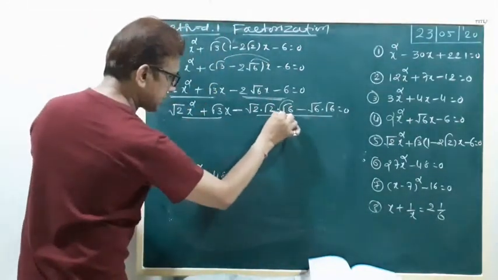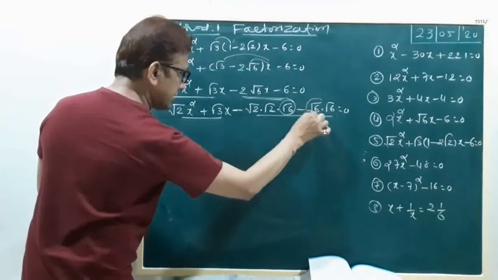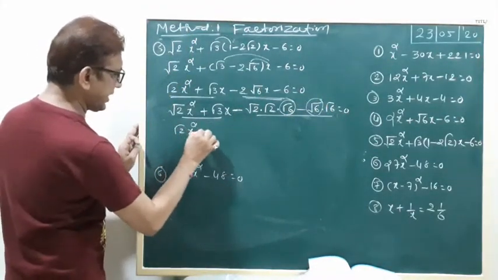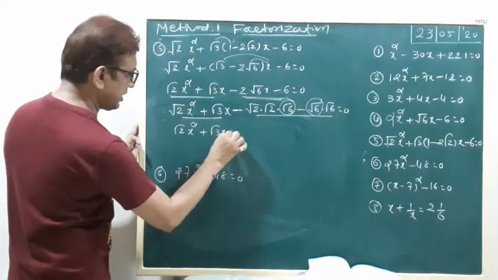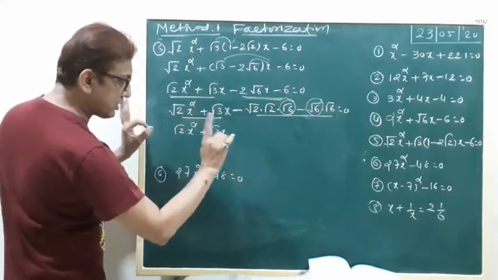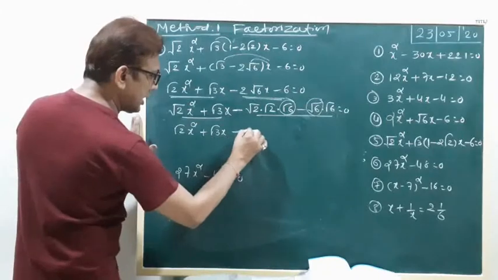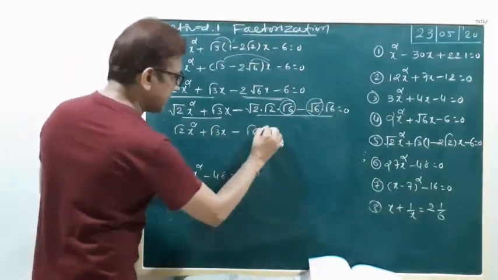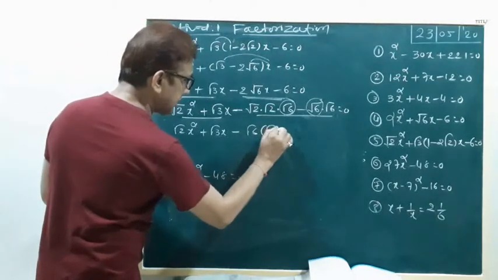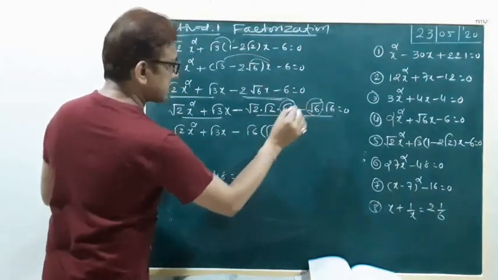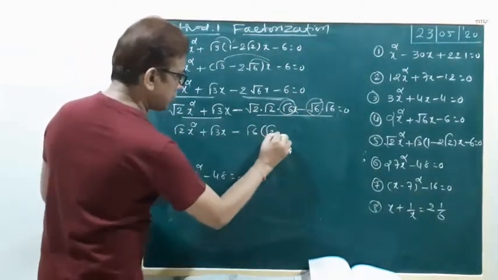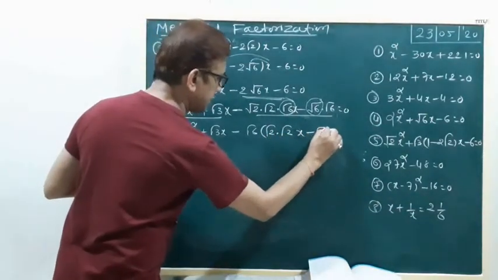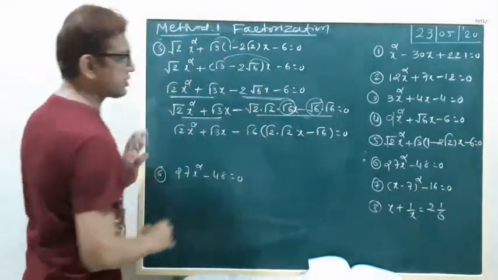Now first we root 6 common. Root 2x square plus root 3x as it is. Now root 6 common. Root 6 common. So in a bracket here x. Right? Root 2 into root 2x minus root 6 equal to 0.